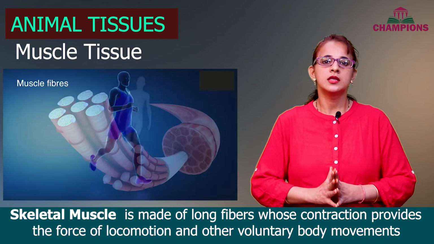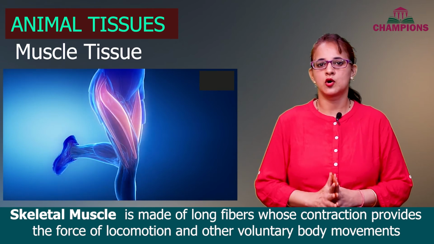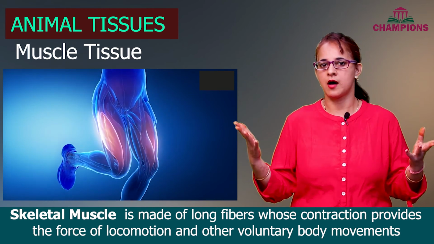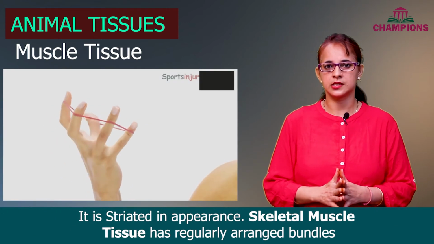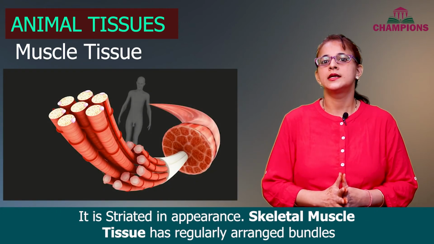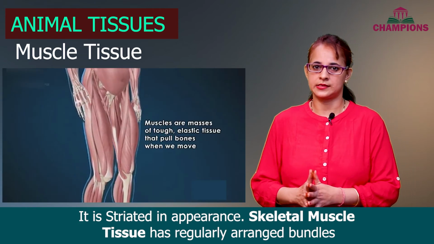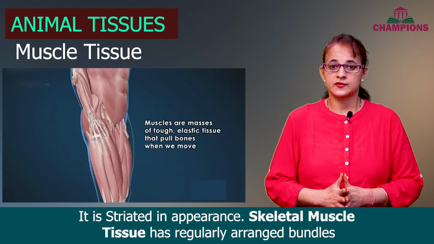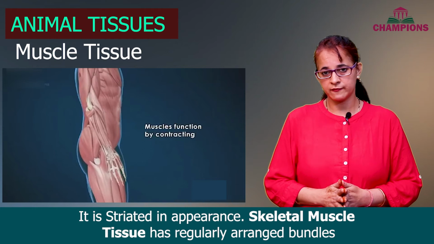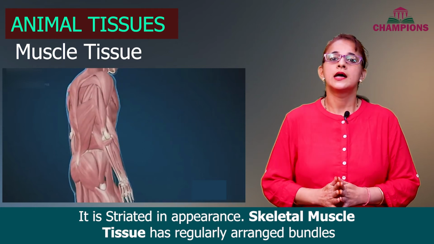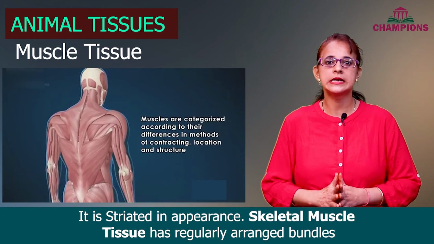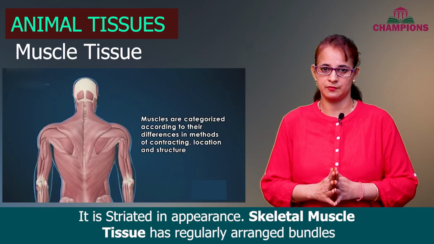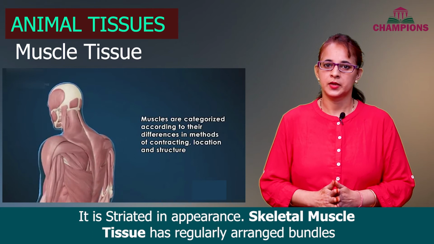The movement of the body parts is because of our limbs, our arms and our legs. So in the arms and in the legs, the skeletal muscles are present. And what type of cells do these muscle cells form? They are cylindrical cells, and very important, they are multinucleated cells making up this tissue.